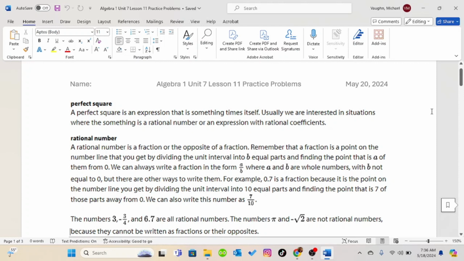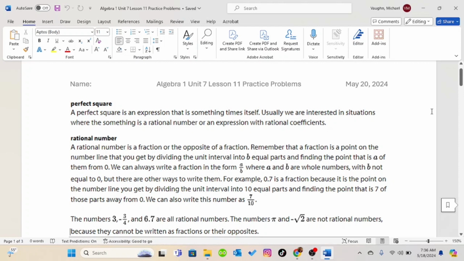Remember that a fraction is a point on the number line that you get by dividing the unit interval into b equal parts and finding the point that is a of them from 0. We can always write a fraction in the form a over b, where a and b are whole numbers, with b not equal to 0.